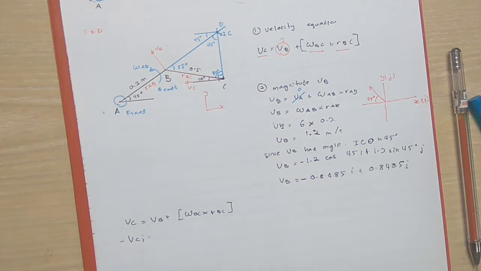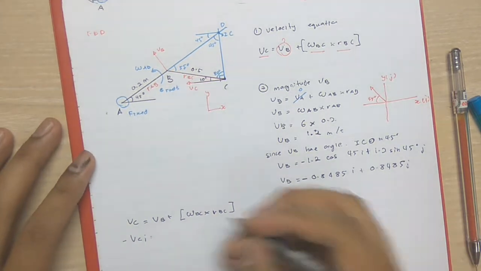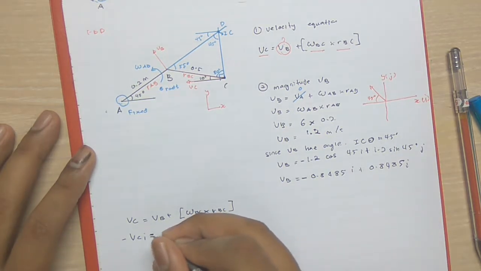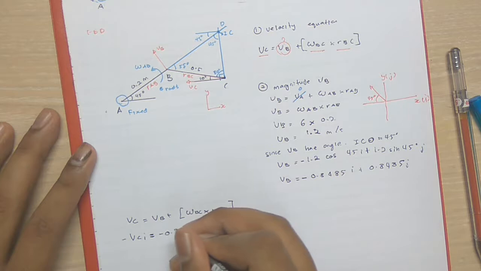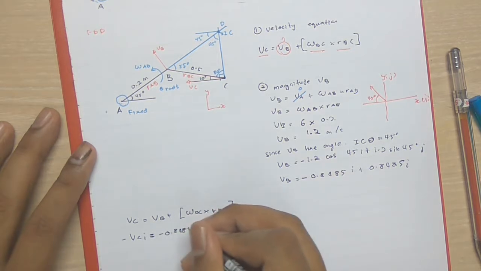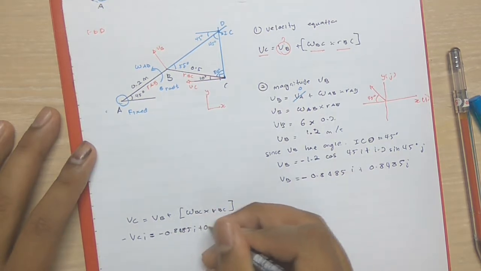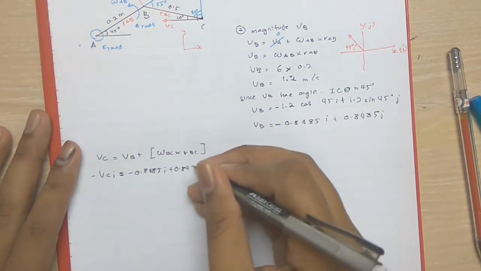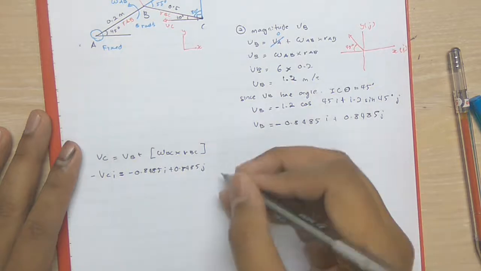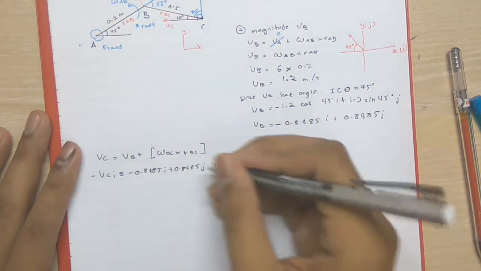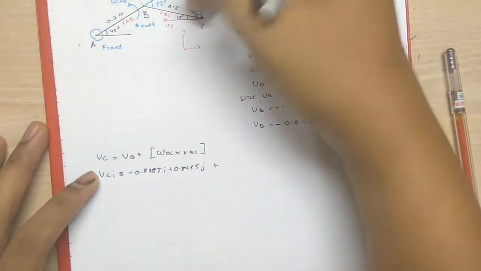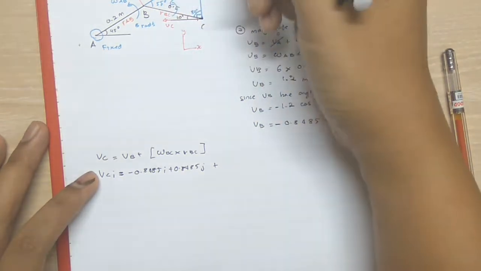Equal to, from here, negative 0.8485 i plus 0.8485 j, plus omega BC.